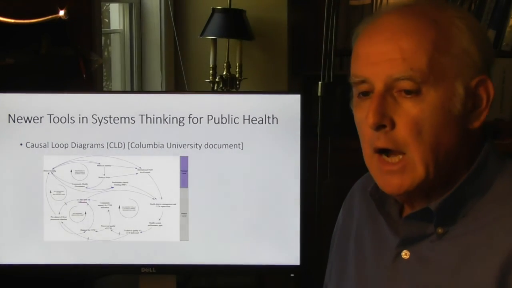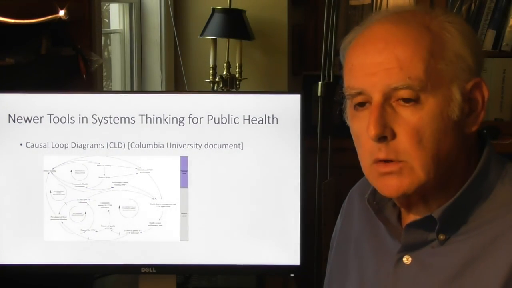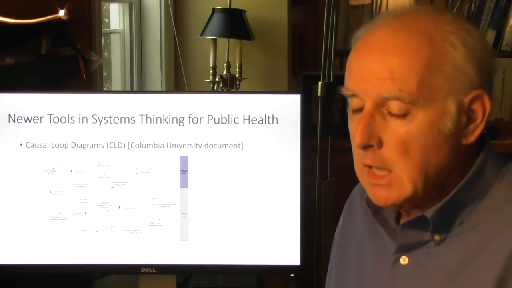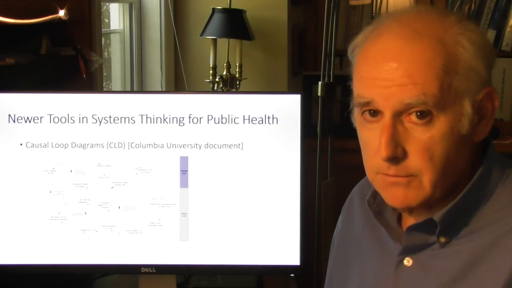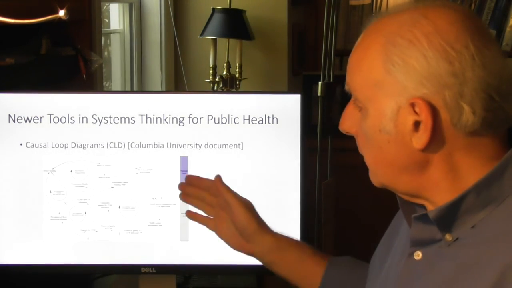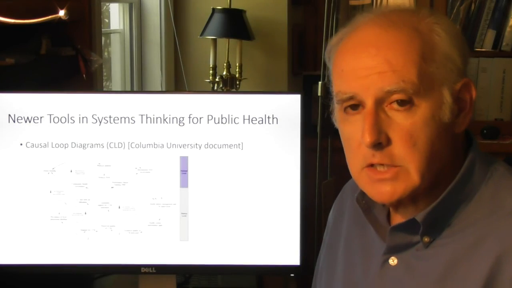Now, we are going to move on and at least mention some of the newer tools in strategic analysis for systems. Appreciate that these are more complex, and as you can see from this diagram, here's an example.